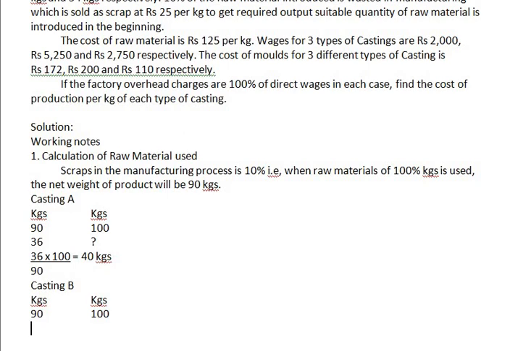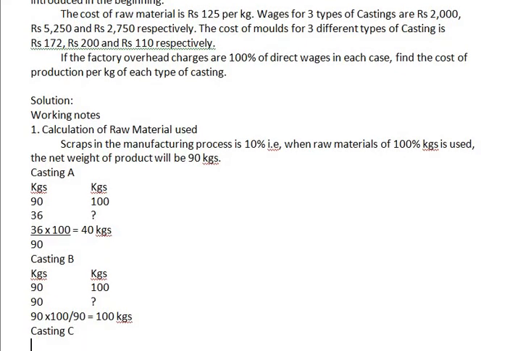For casting B it is 90 kgs, then how much will it be? Again the calculation will be the same: 90 into 100 divided by 90, which equals 100 kgs.